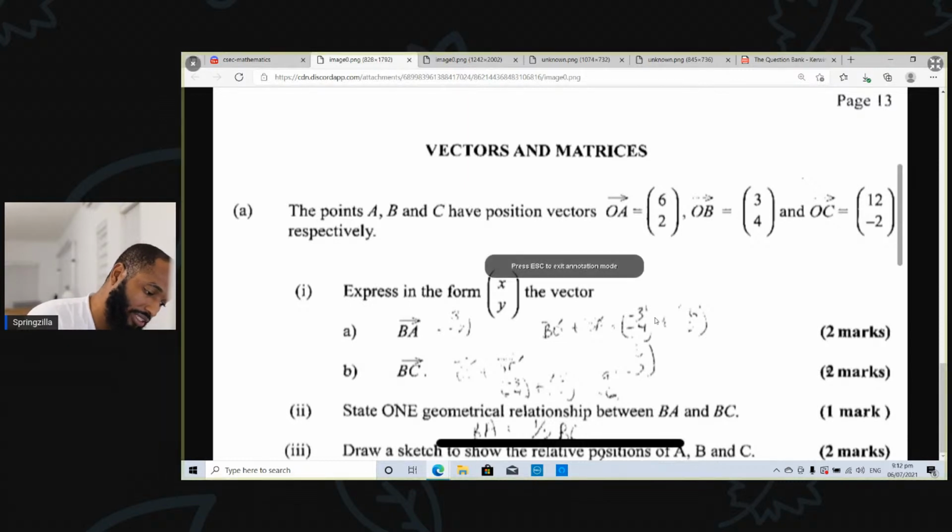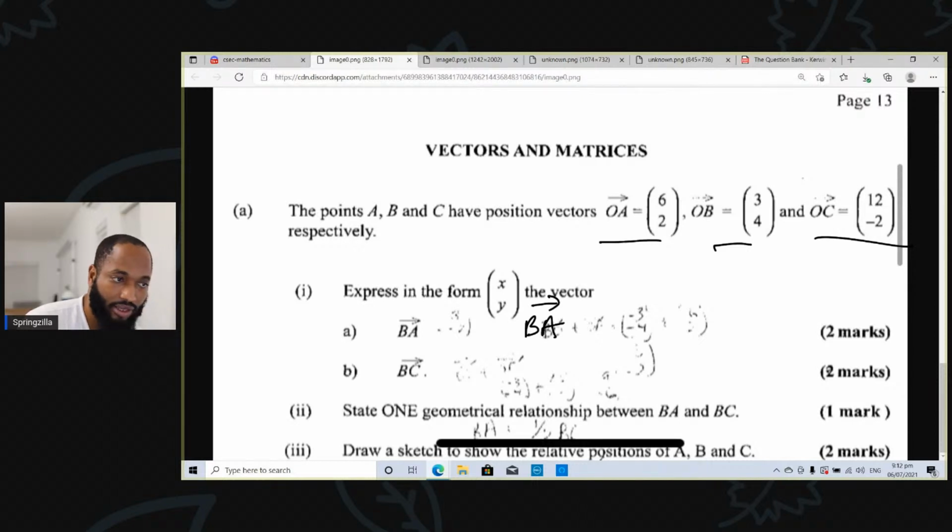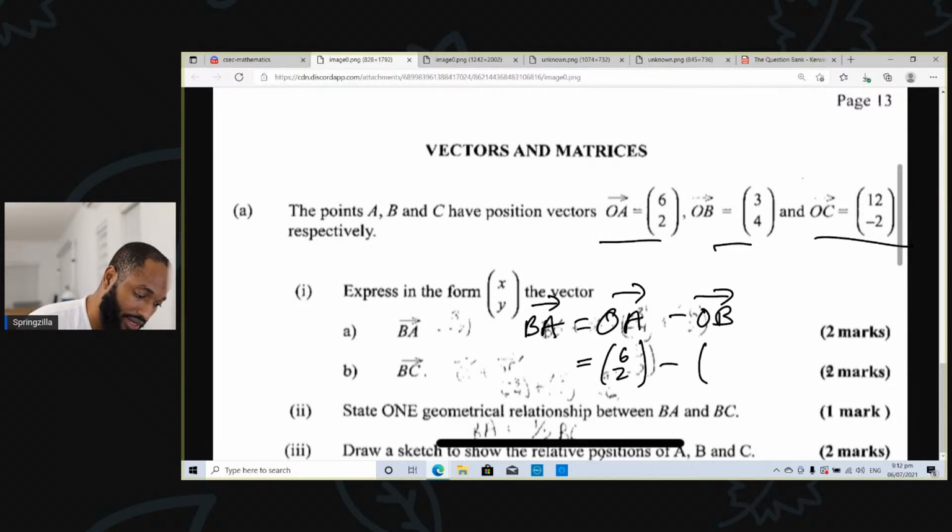The points A, B, and C have the position vectors. Express BA. The triangle law of vectors says that BA is equal to OA minus OB. Let's do the second one first. So this is just 6, 2 minus 3, 4.